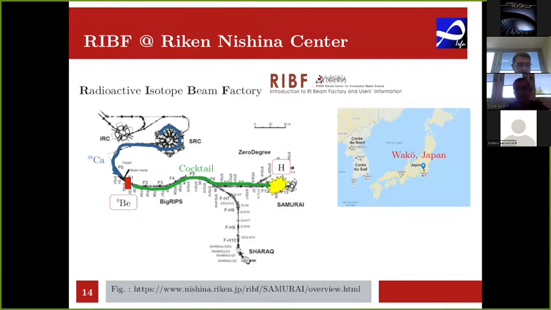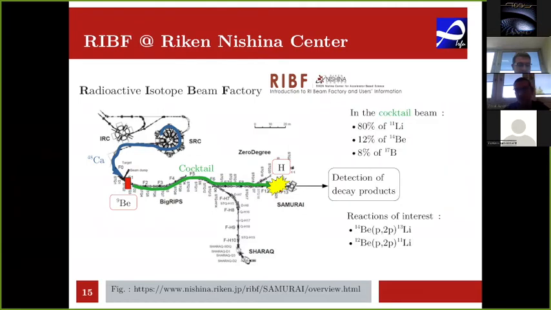And before detailing what the SAMURAI setup is, I will give a few information about the cocktail beam. So in this cocktail beam, there was 80% of lithium-11, and then in almost equal part beryllium-14 and boron-17.